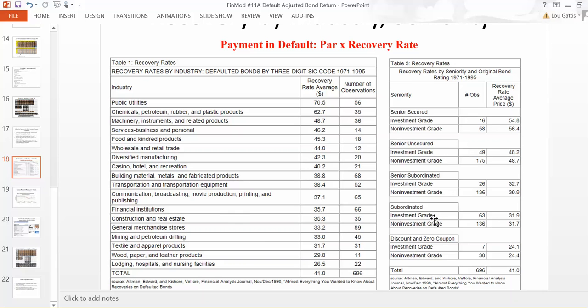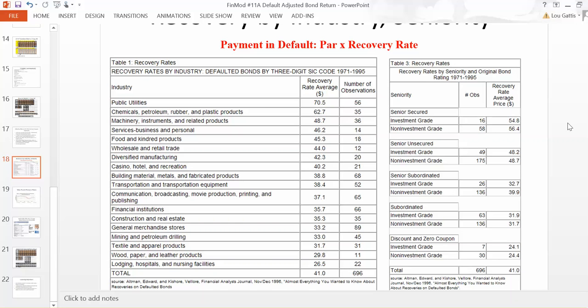So what you'd want to do is look in your industry and then adjust the recovery rate by where the bond is as far as the priority order of getting paid. So if I had a subordinated financial, I might go here and look at this financial number, 35%, and maybe adjust downward for the fact that it's subordinated, or adjust upward if it's senior secured.